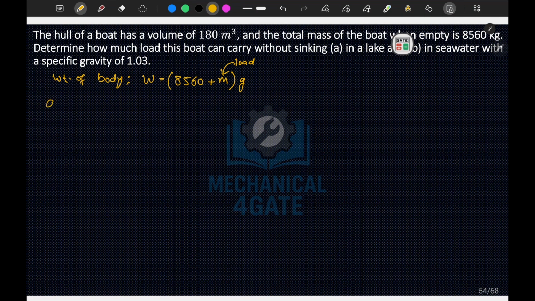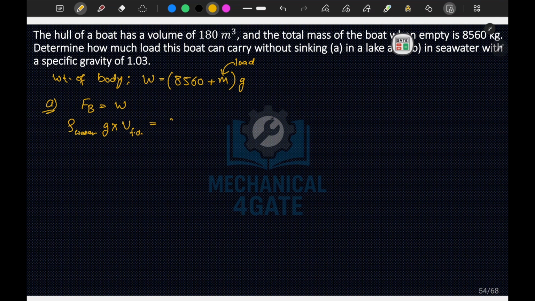So in case of lake water, we can say that buoyant force is equal to weight. So buoyant force is equal to density of water times g times volume of water displaced, or fluid displaced.